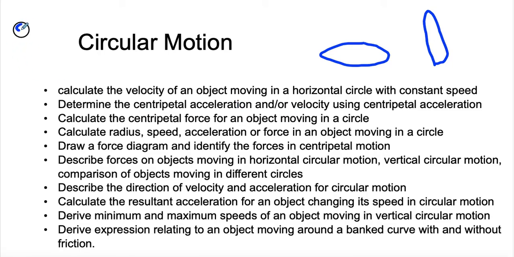So your centripetal acceleration equals m, or not m, that's force. We're going to get to that in a second. It's v squared over r. You should be able to get the centripetal acceleration as well with omega. Your centripetal force, then, is mass times acceleration. So mv squared over r.